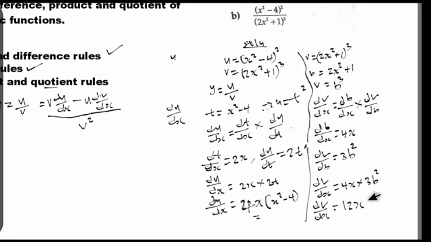When you replace it, you have to open a bracket to avoid mistakes. That's 2s squared plus 1 close bracket, and notice this power of 2 here, so you have to put it as power of 2. So that means that our dv/ds is equal to 12s open bracket 2s squared plus 1, everything with power of 2. That is the answer of this.